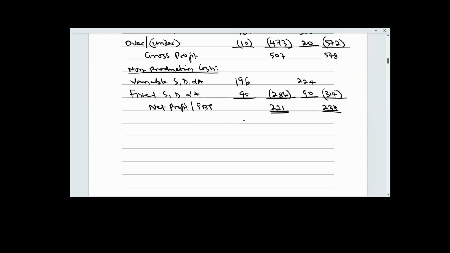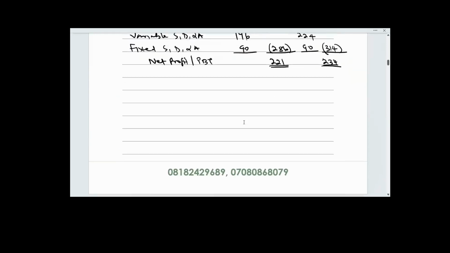Give it to me from the question. In March, what is the profit before tax for ACT? That's 221, right? Yes, sir. 221, and for September 234. Debit and credit. Then for MCT, what's profit before tax?